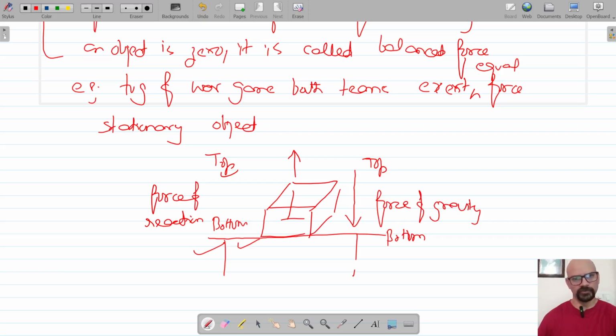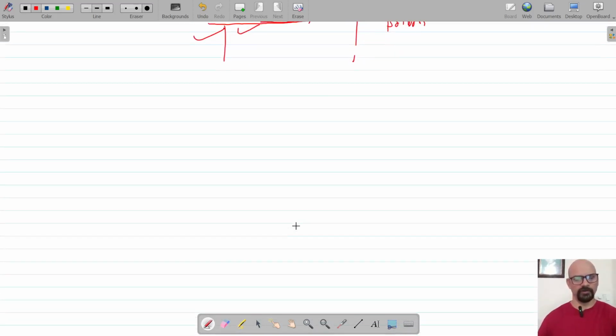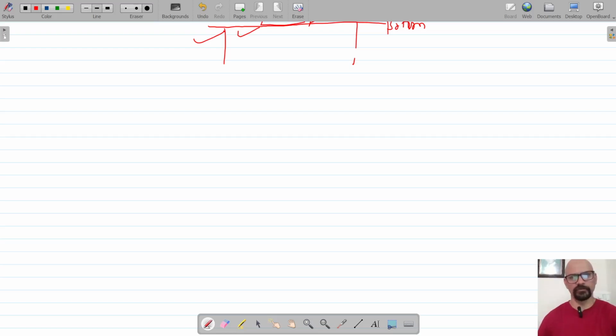Both the forces balance each other. So the force of reaction and the force of gravity balance each other, due to which the box does not move. So this is an example of a balanced force.